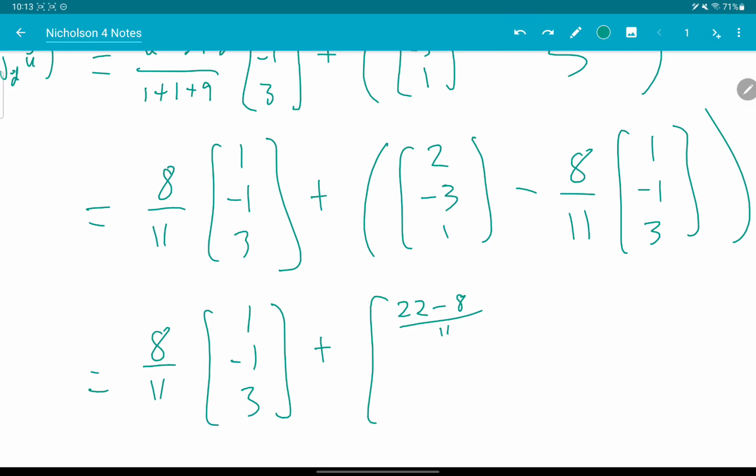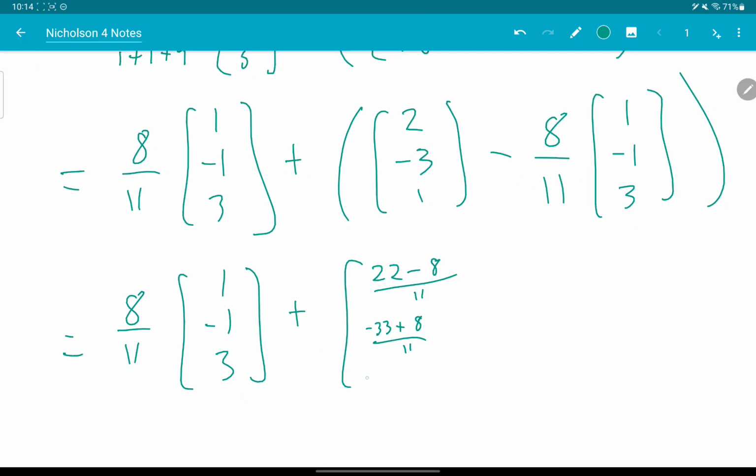Then I get minus 33, looks like a plus 8 over 11 for my second component. And then I get 11 minus 24 over 11.